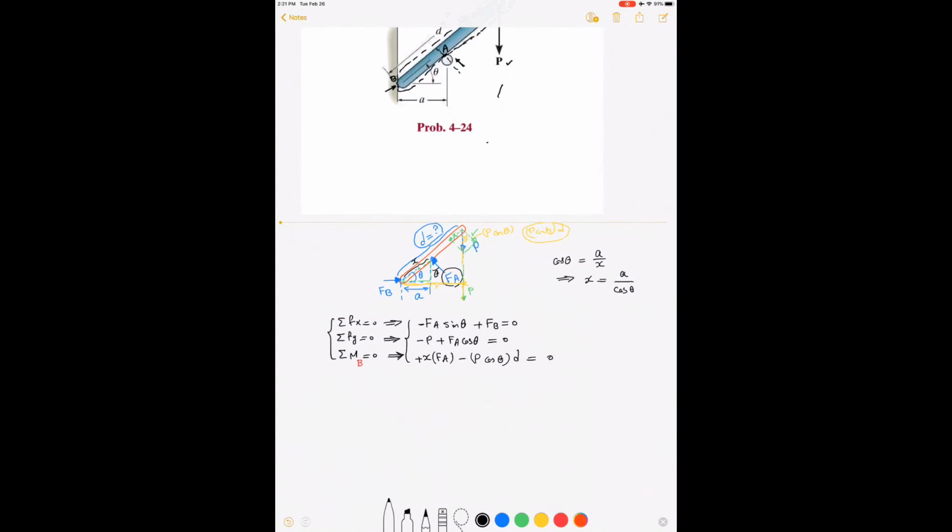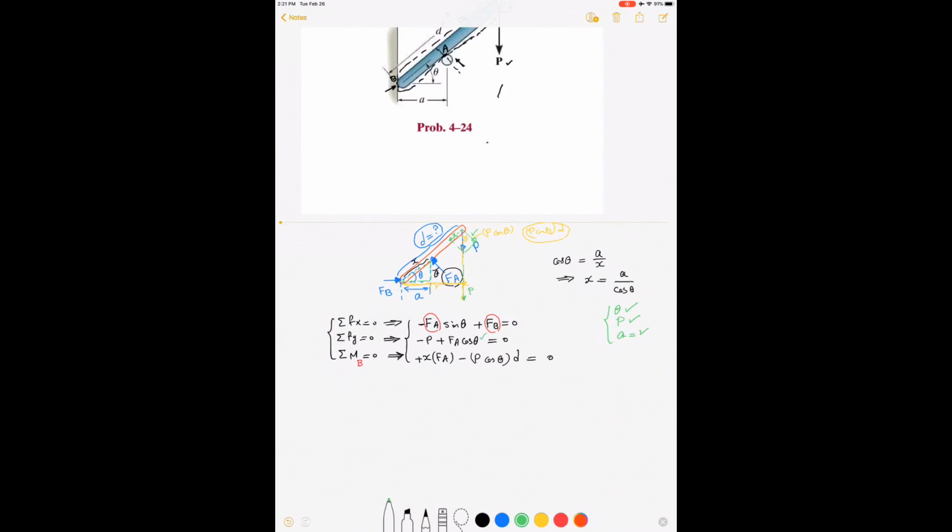So before we solve it, let's assume that theta is given, and P is given, and a is given. Let's assume that these are all given to me. Now the question is, how many unknowns do I have in these three equations? Well, the first unknown is FA. The second unknown, FB. What about the third unknown? Well, theta is given.